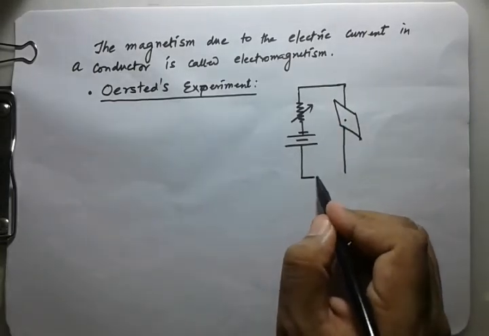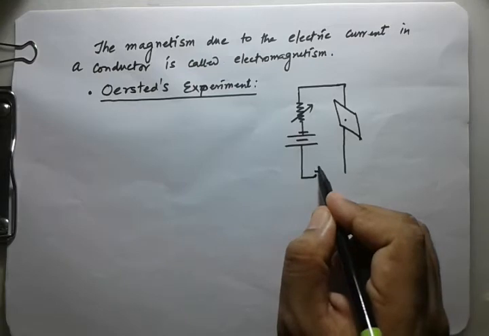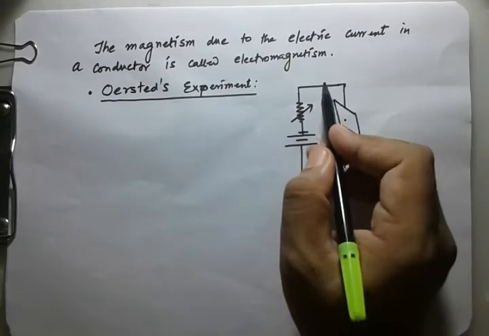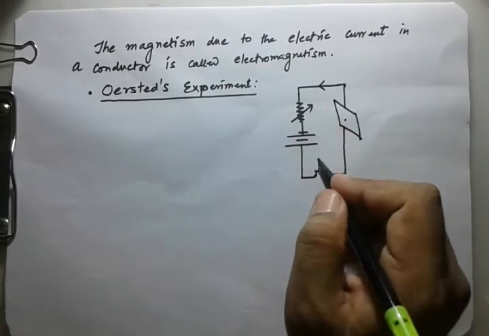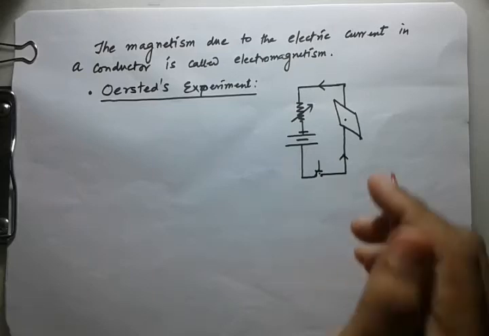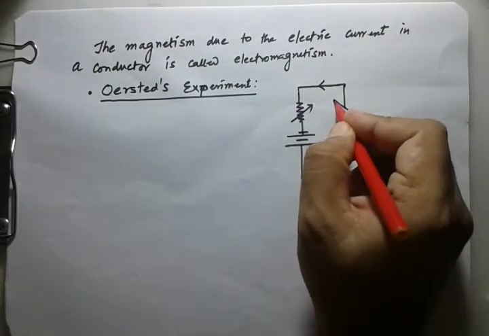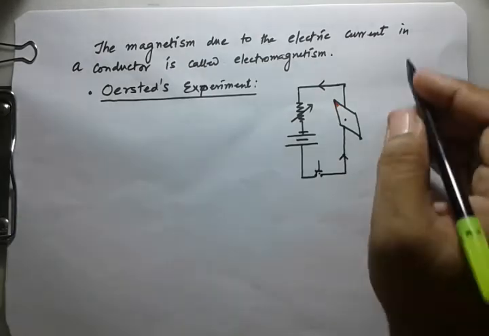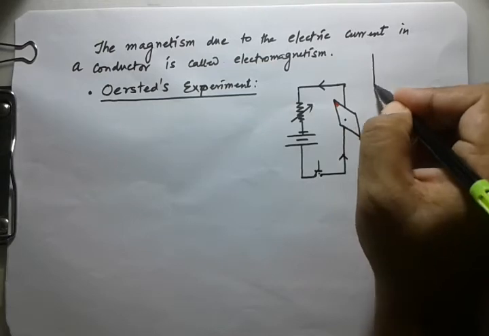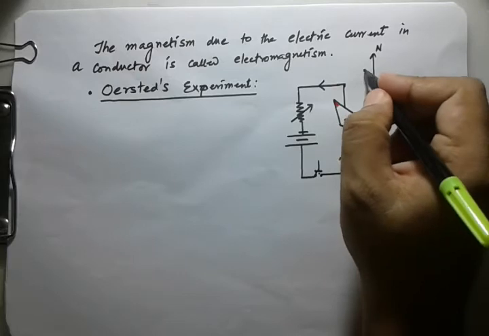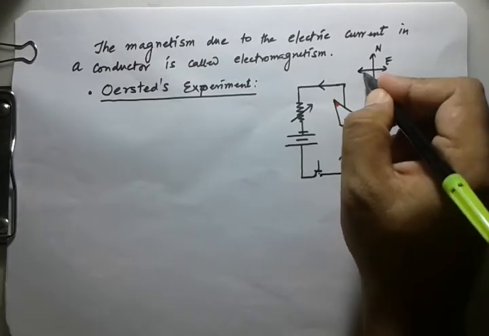Now here is one switch. You can understand the current is going in this direction, and this is the north pole of the compass. I can also mention which one is north, south, east and west.